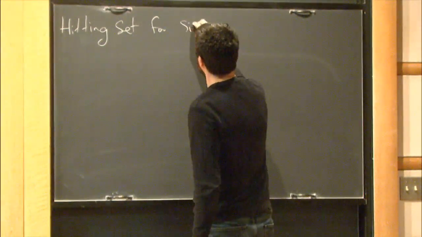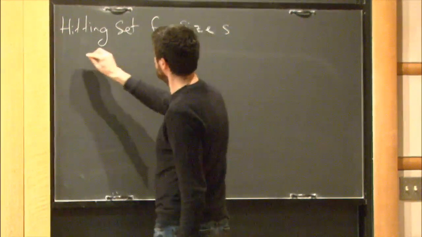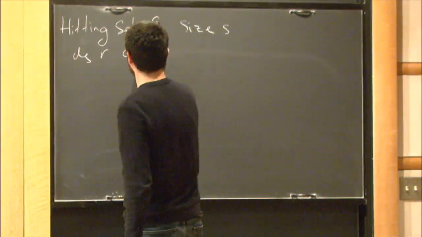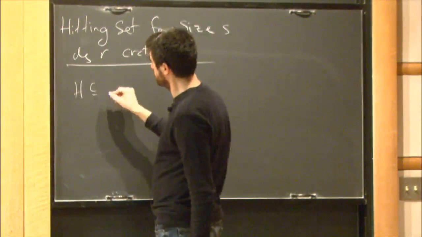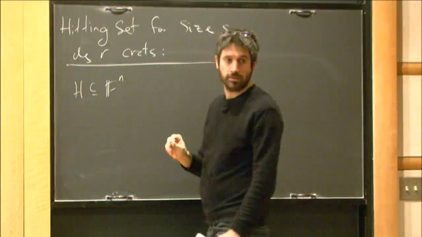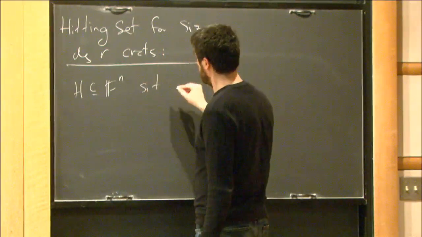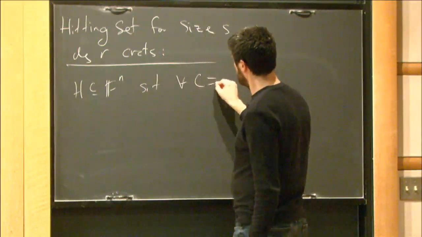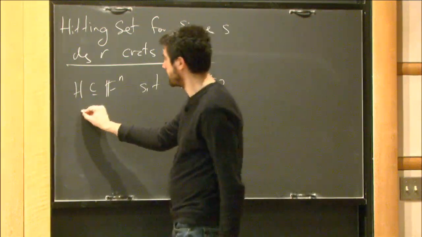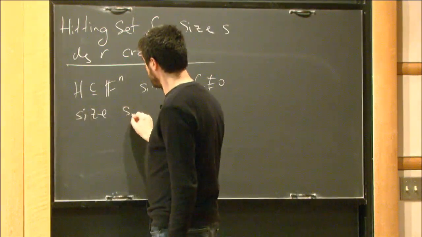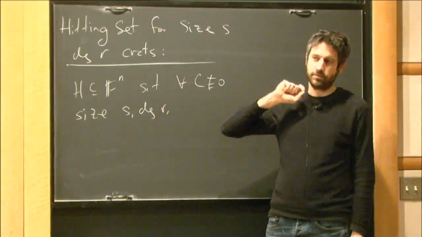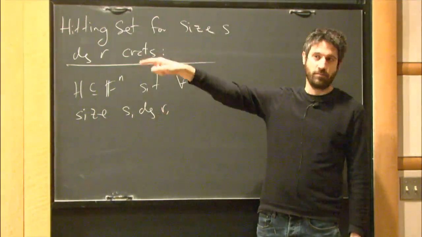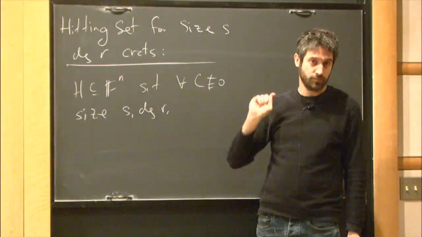For, let's say, size S. So a hitting set is a set of inputs such that if C is not identically 0, of size S and degree R circuit, where the degree of a circuit, let's call it the maximal degree of intermediate computation in the circuit.